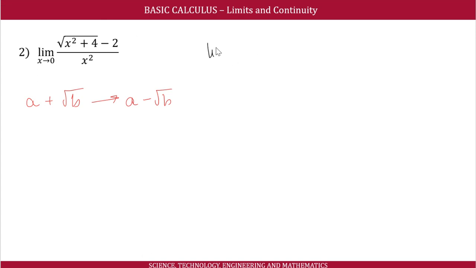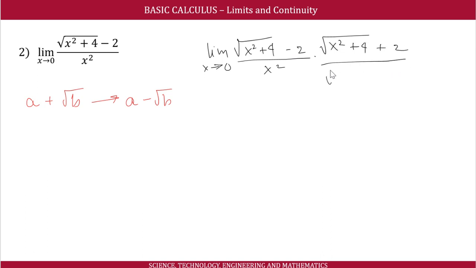So we have the limit of the square root of x squared plus 4 minus 2 all over x squared as x approaches 0. So you multiply the numerator and the denominator by the conjugate. That will be the square root of x squared plus 4 plus 2 over the square root of x squared plus 4 plus 2.